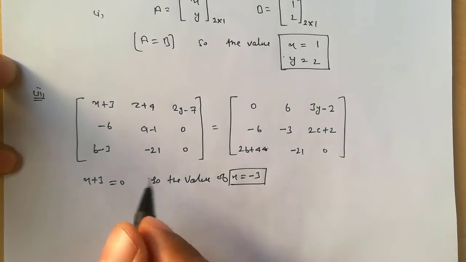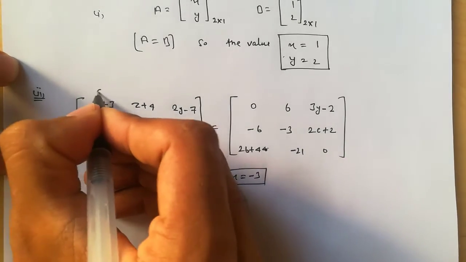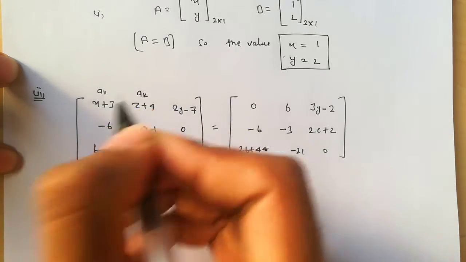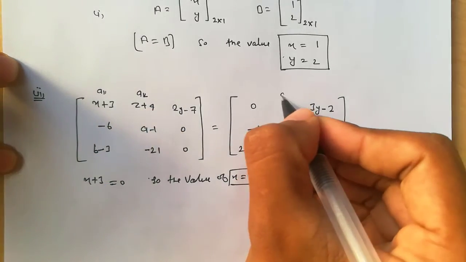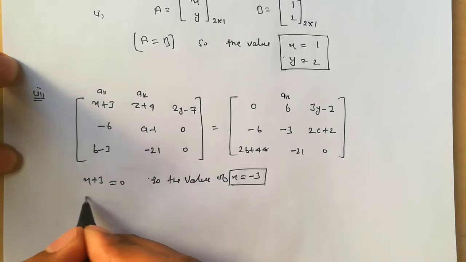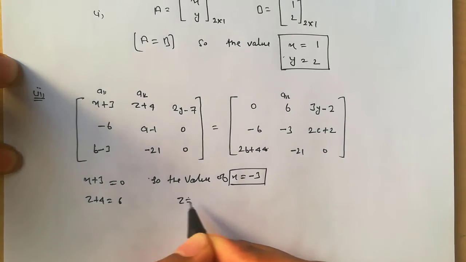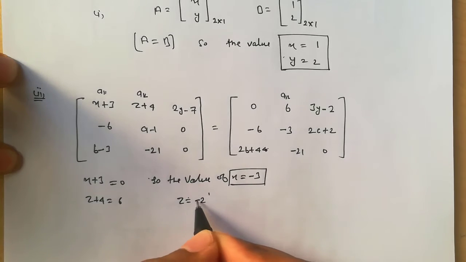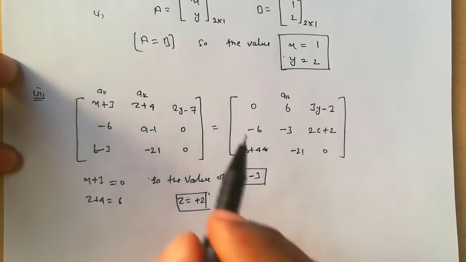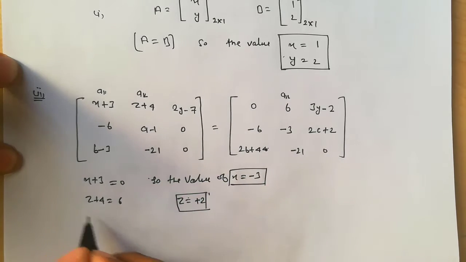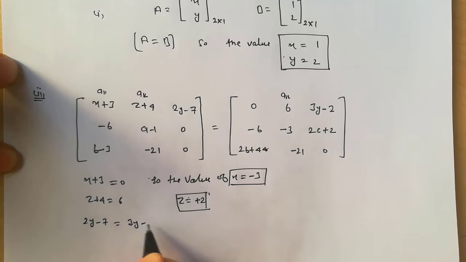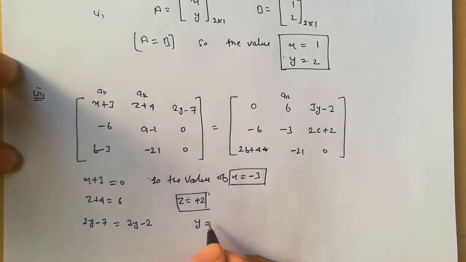Okay. And the next element, this is the A11 element, this is the A12 element. So the A12 element equals the A12 element. It means z plus 4 equals 6, so the value of z equals 2. Similarly, 2y minus 7 is equal to 3y minus 2, then the value of y equals minus 5.